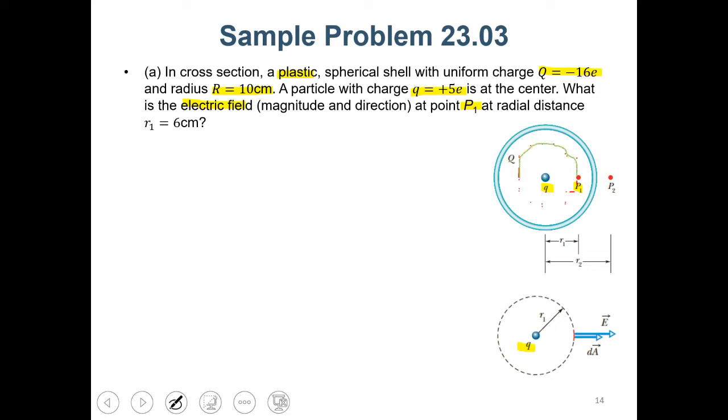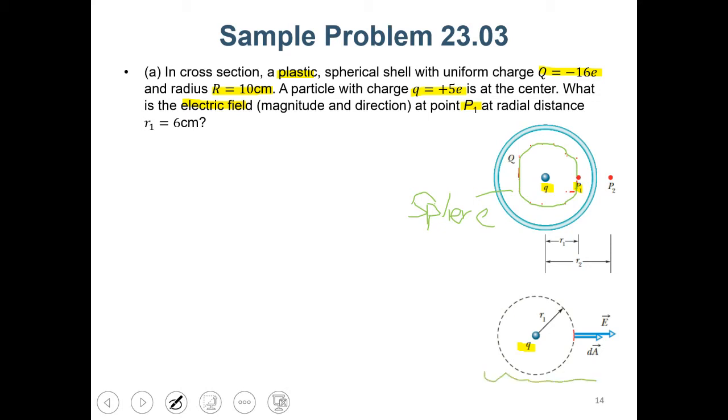This one is the Gaussian surface we define for this question, and it is also a sphere. When you use the Gauss law, you need to define the Gaussian surface first.